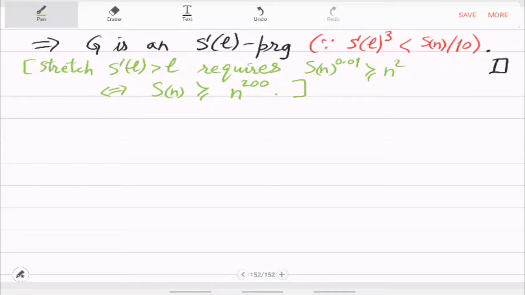And surely super poly hardness of F gives a good stretch.